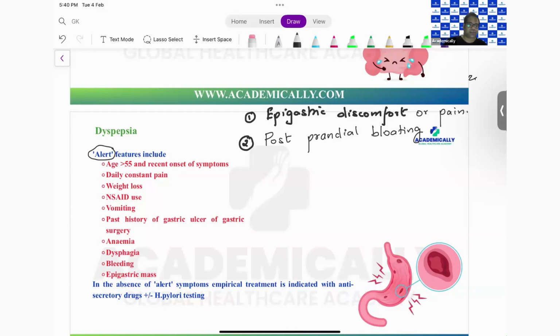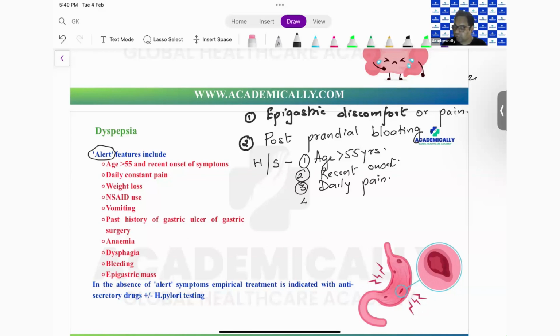So what is it that we will look out for? If you look out for the history, in history, first and foremost, the age which is more than 55 years. Another thing that you will see is recent onset of daily pain. What else can be there?